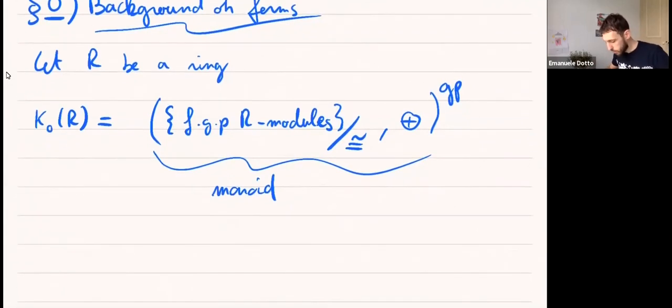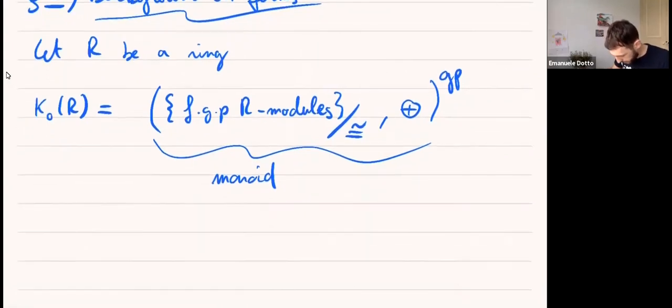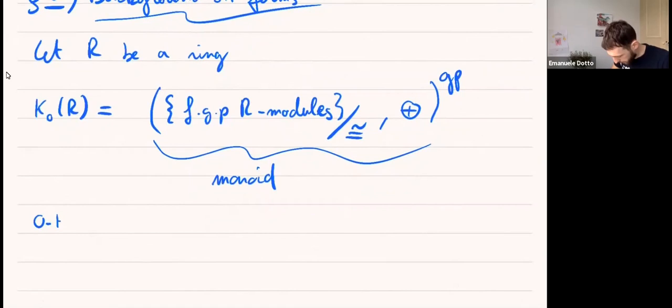And this is the usual Grothendieck group, or K group, the zeroth K group of R.